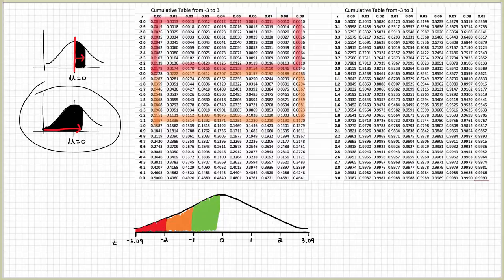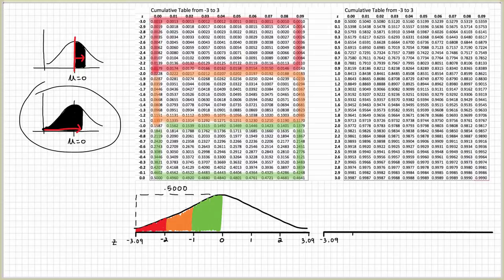And if I shade in the green part on the z-curve from negative 1 to 0, it corresponds to this part of the table. Now we have half shaded, so you expect the probability to be 0.5. Not exactly, but close enough.